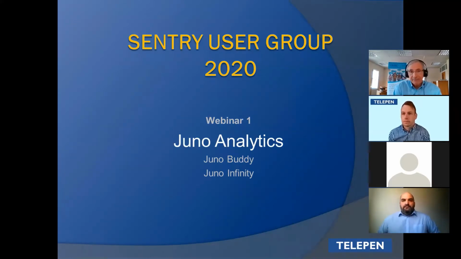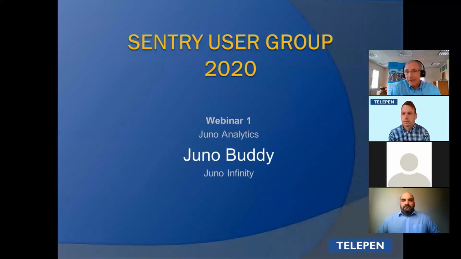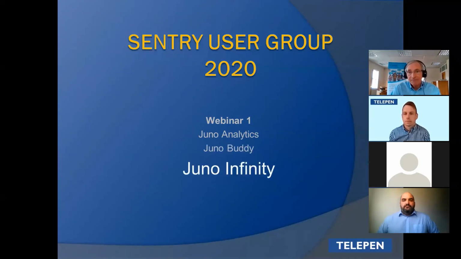We have Juno Buddy, which is a phone app which mysteriously allows students to enter the library through the turnstiles without needing their ID card. And we have Juno Infinity, which is a solution that allows you to do away with the need to maintain your Juno client applications. We're hoping to cover all of these in around an hour, and to finish at around 12 o'clock.